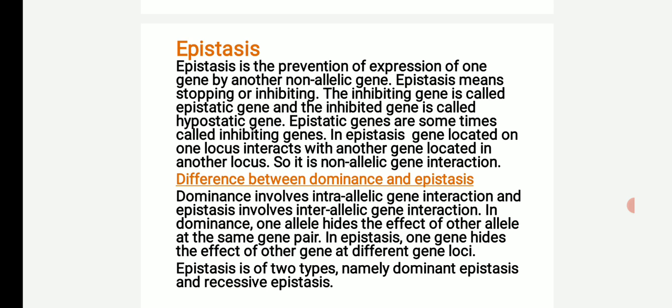Next, coming to epistasis. Epistasis is the prevention of expression of one gene by another non-allelic gene. Epistasis means stopping or inhibiting. The inhibiting gene is called epistatic gene, and the inhibited gene is called hypostatic gene.